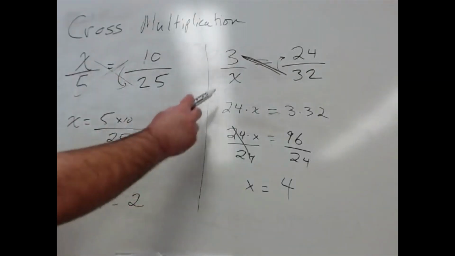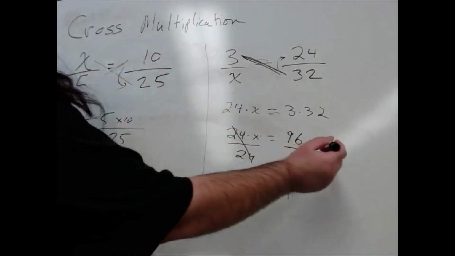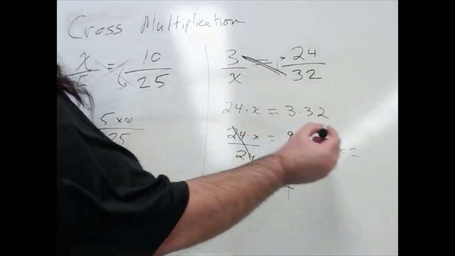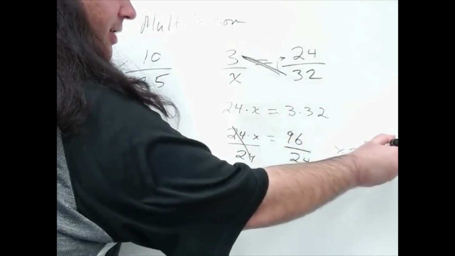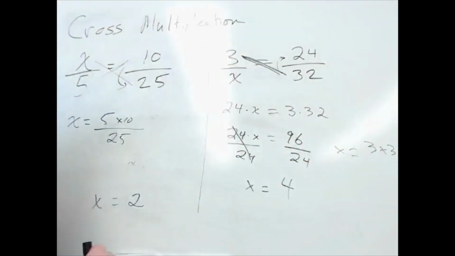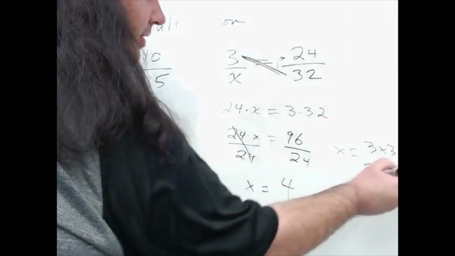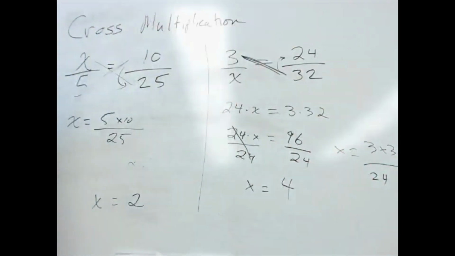Likewise, I could take the shortcut here. I could say that x is equal to these two numbers multiplied, so 3 times 32, and then divide by the number that's left over, 24.